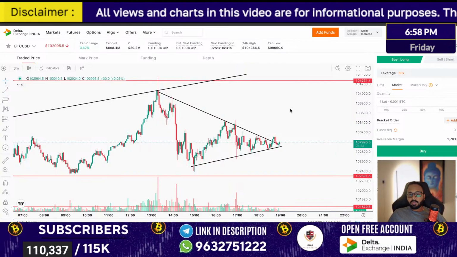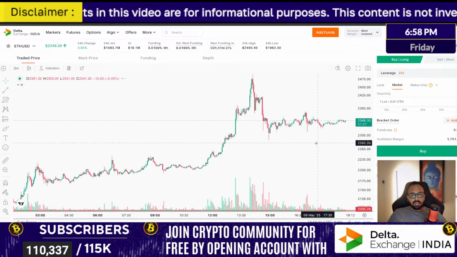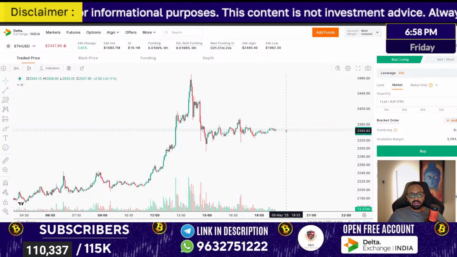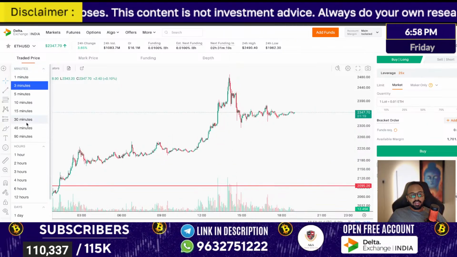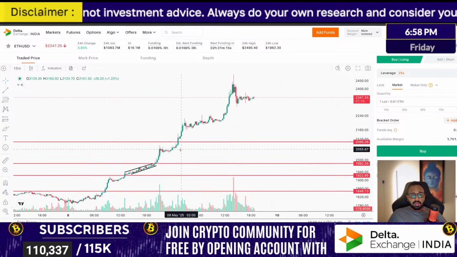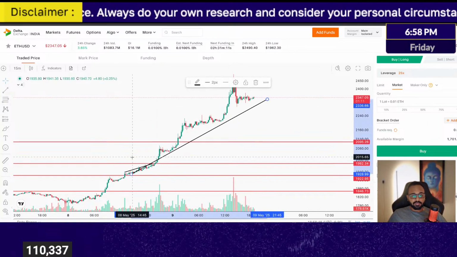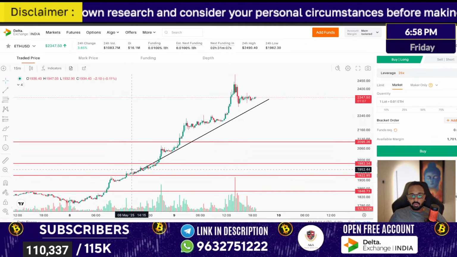Someone was asking me about Ethereum. Ethereum, see, range bound, just trading within a range, consolidation. So nothing interesting here. 15 minutes time frame, if I see also, market has been simply moving towards the upside. Consolidation, when it happens, both the side movement is possible.